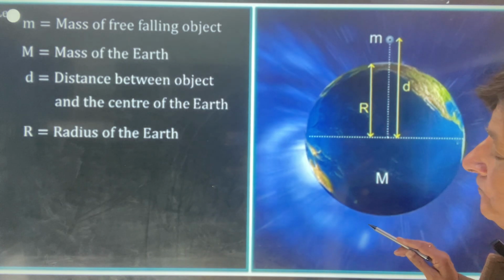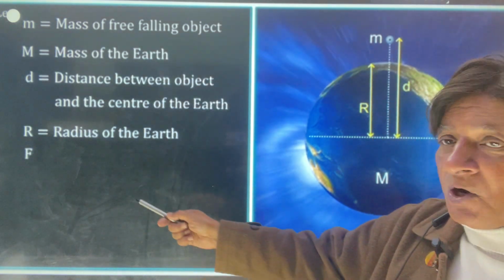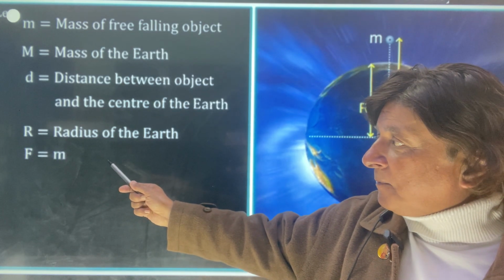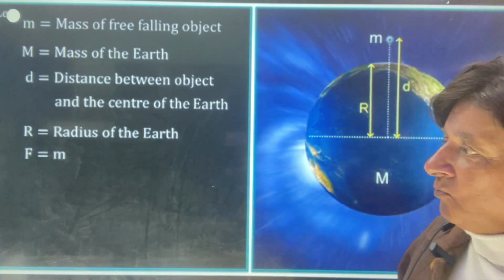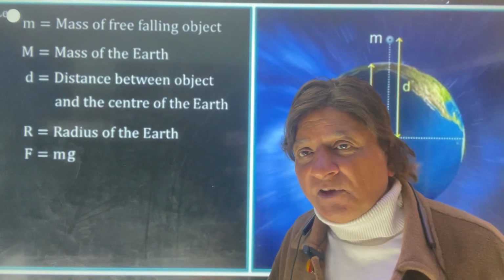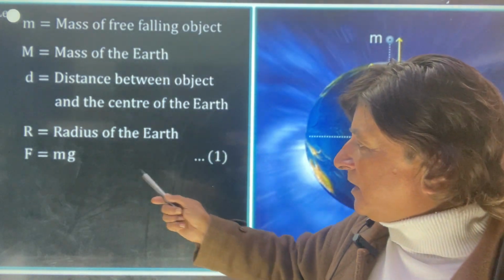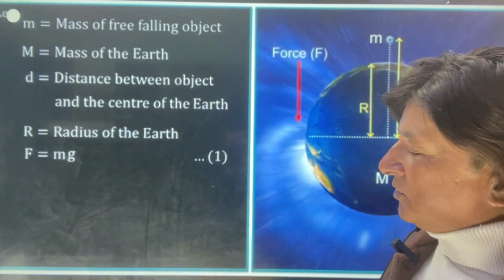When you talk about the gravitational force of attraction, F is equal to G capital M small m upon D square. Small m is the mass of the object, and g is the acceleration due to gravity. Force is equal to mass into acceleration, mg.